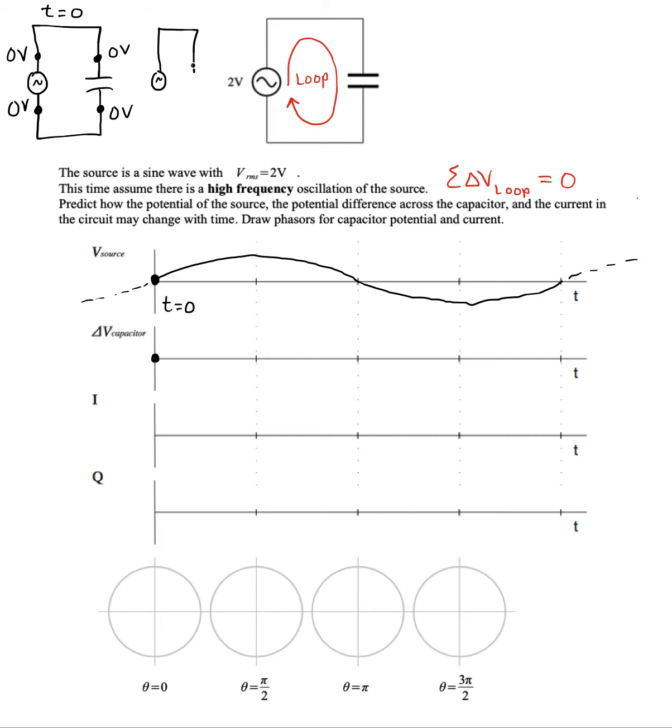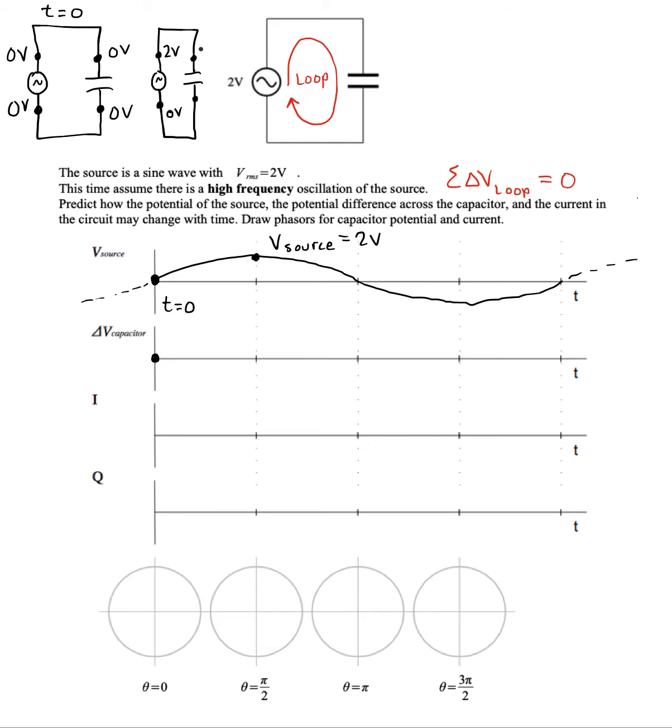Now when we get to a new state, right here, we see that the voltage across the source is now 2 volts, and it's positive. So if this point is designated as 0, then this point will now be designated as 2 volts. So what must be the voltage across this capacitor in order for Kirchhoff's loop law to be satisfied?